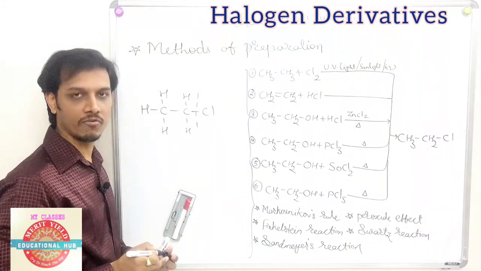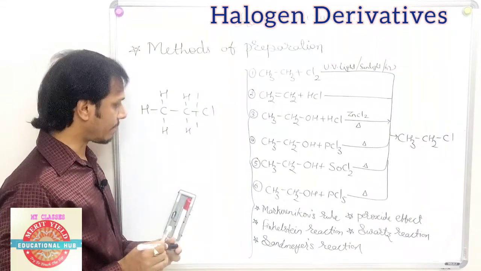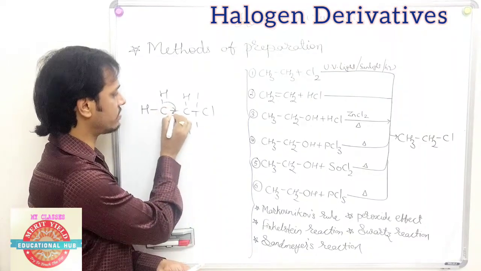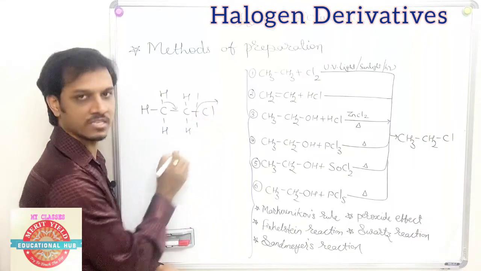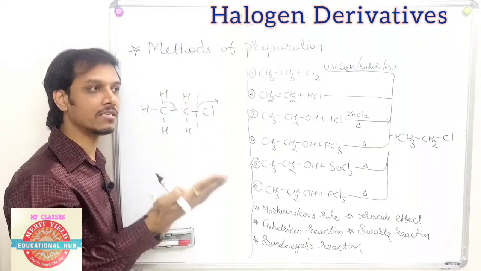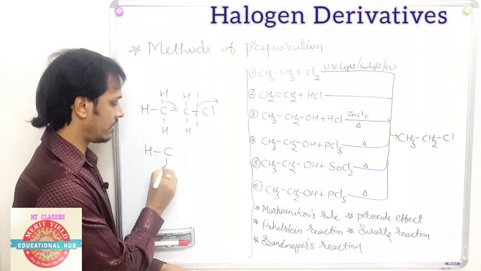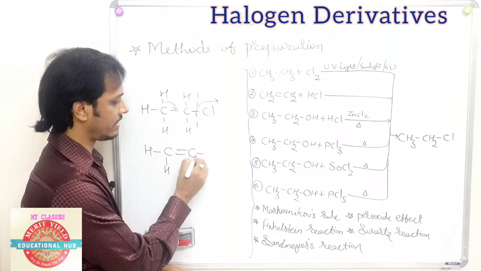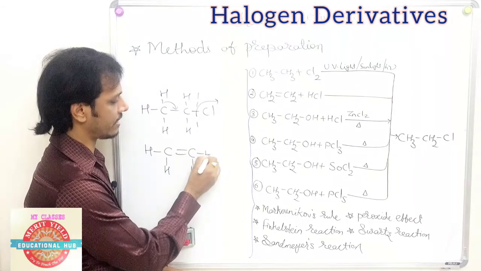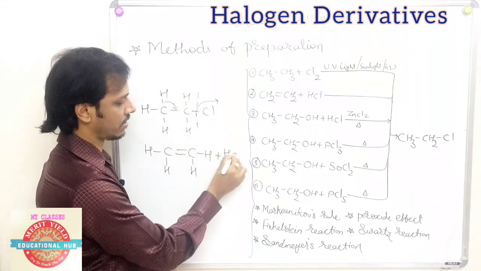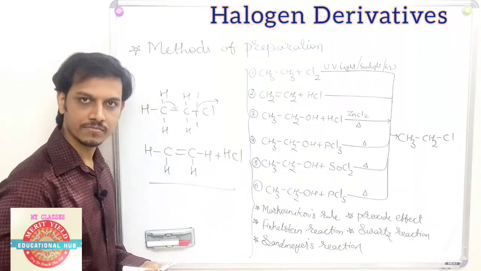Can I get it another way? Suppose I take an unsaturated system here. So this bond comes here and this H can go with Cl. I'm doing retro. Retro means reverse. I'm reversing it. So what I can get is H, C, H, double bond, C, H and H. So this CH2 double bond CH2 with HCl, you can get the product.